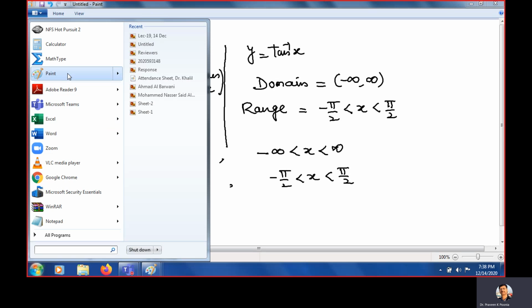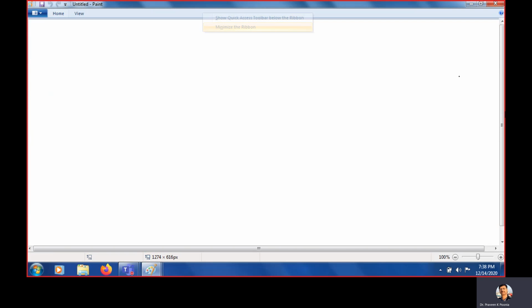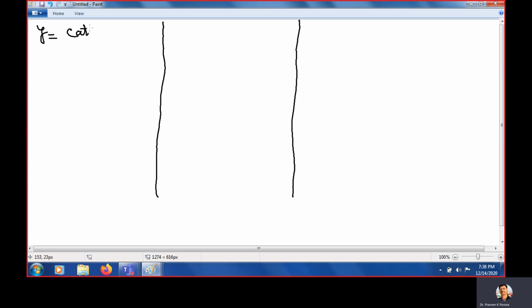Now I want to write here the domain and range for the remaining inverse functions. For tan and cot, I have already explained. So we will study here y is equal to cot inverse x, y is equal to sec inverse x, and y is equal to cosec inverse x. Clear? So what is the domain?